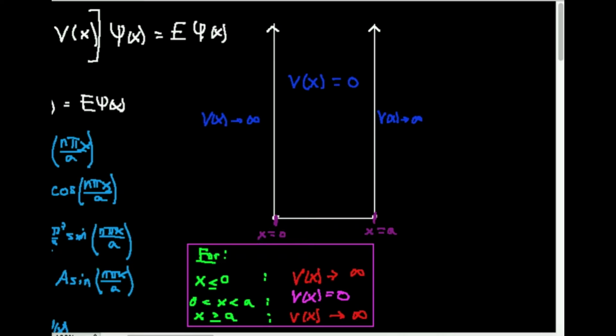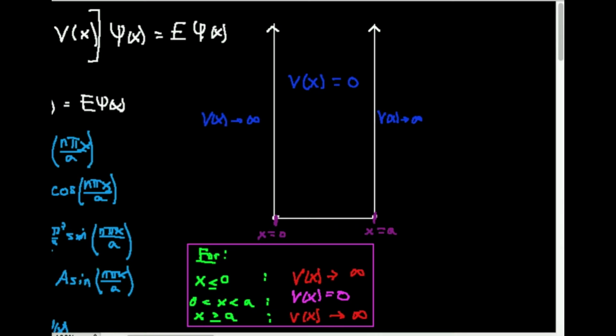What that means on a physical level is that the potential energy at the wall, and beyond the wall on either side, is infinity. So the particle is confined inside the box. Confinement, recall, results in quantization. The particle can never leave this box because the potential energy to leave the box is infinity.